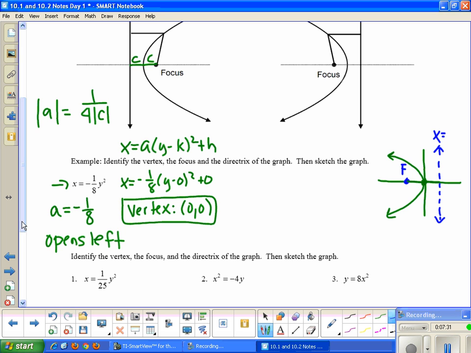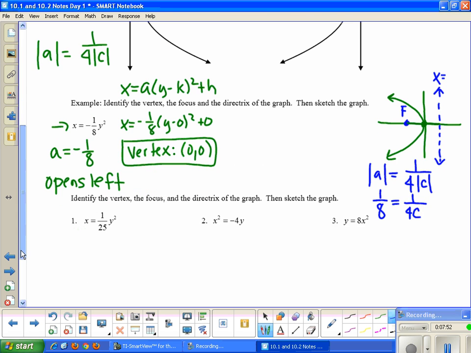Well, how do I do that? Remember that the absolute value of a is equal to 1 over 4 times the absolute value of c. So in this case, a is equal to -1/8, so the absolute value of that would be 1/8 equals 1 over 4c. So in order to solve this equation, since it has an equal sign there, we can cross multiply. So I'm going to do 4c times 1 is just 4c equals 8 times 1, which is just 8.